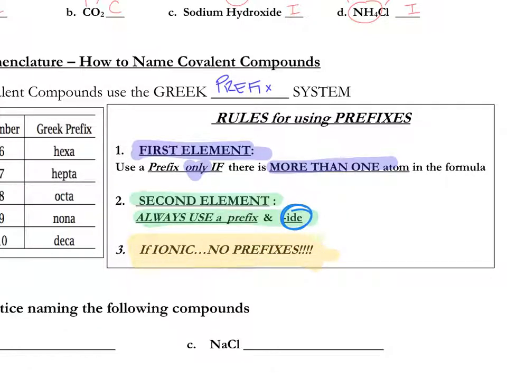So we've already talked about how to name ionic compounds. You'll use those rules as they apply for ionic. So these rules are only for covalent compounds between a nonmetal and a nonmetal. Any compound that is between a metal and a nonmetal, or it includes a polyatomic ion, those are ionic and they do not need prefixes.